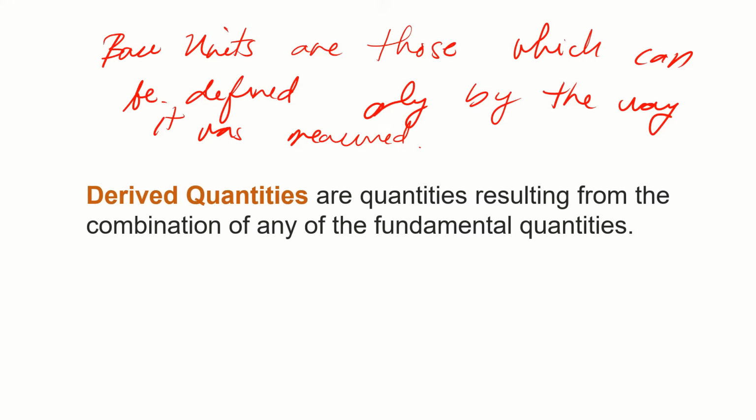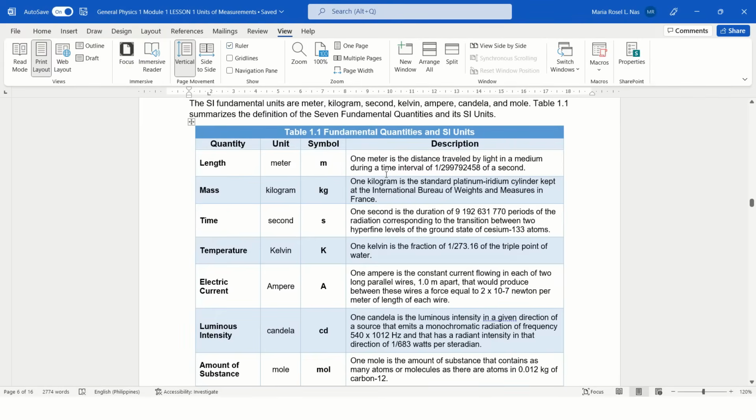So we cannot derive it from other quantities. The basis for these base units to be defined is only the way it was measured. So, let's go to your module and look at some examples. Here are the fundamental quantities with their corresponding units. The base units of this corresponding quantity can only be defined by the way it was measured. For example, 1 meter is the distance traveled by light in a medium during a time interval of 1/299,792,458 of a second.